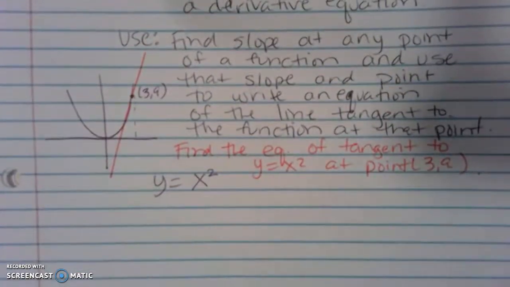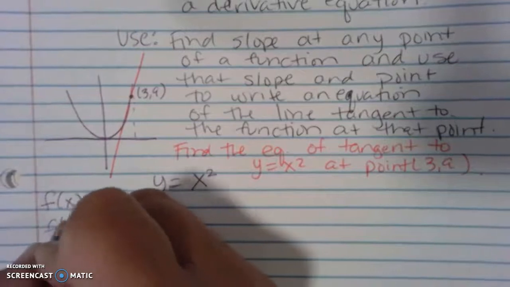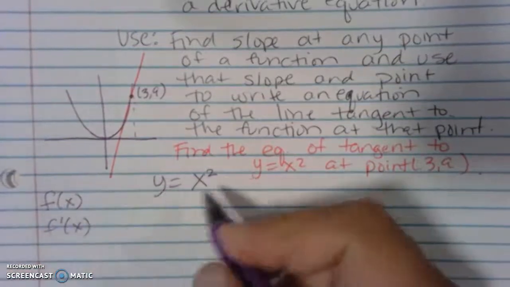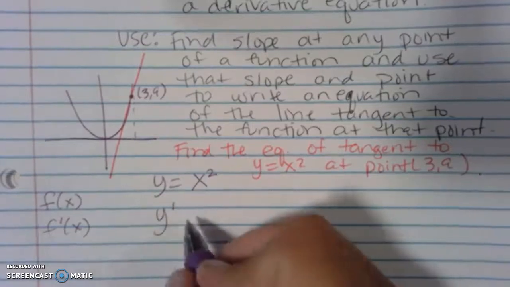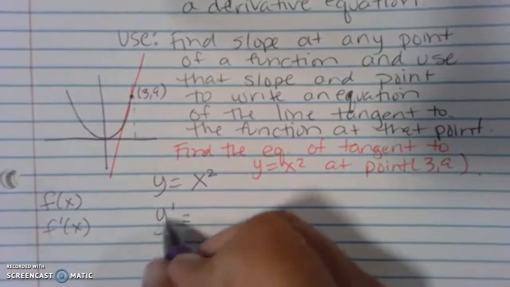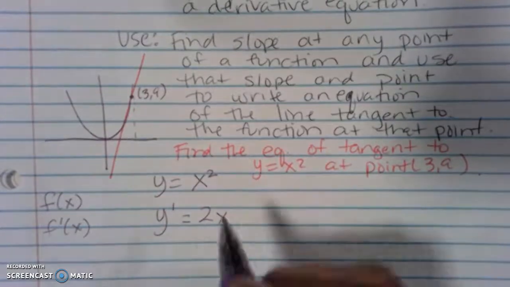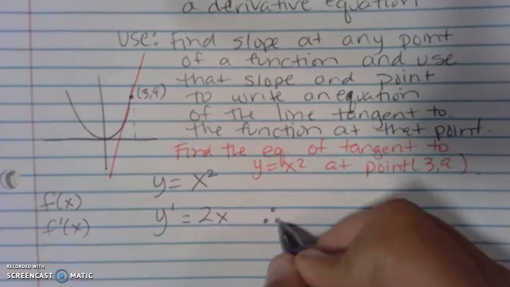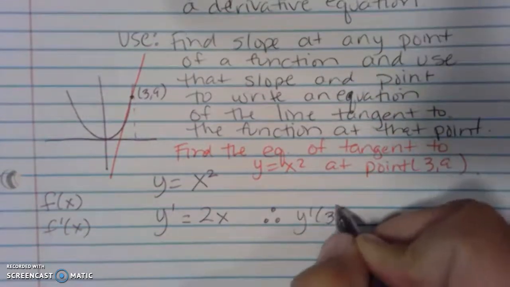We're going to first find the derivative, and we learned the power rule. Before, I wrote f of x, and then we talked about the derivative, f prime of x. So here, when I have y and I want to talk about its derivative, I'm going to say y prime. I'm going to take this 2, move it in front, and I get 2x. Now, why do I need that? Because that's going to tell me y prime of 3.